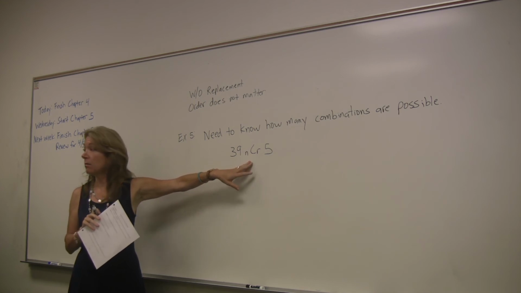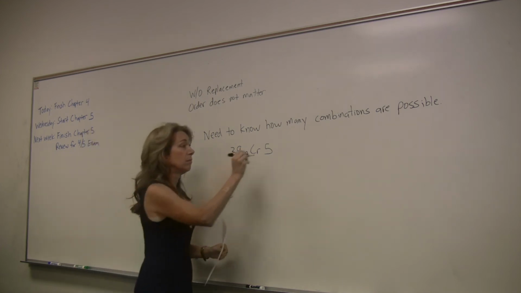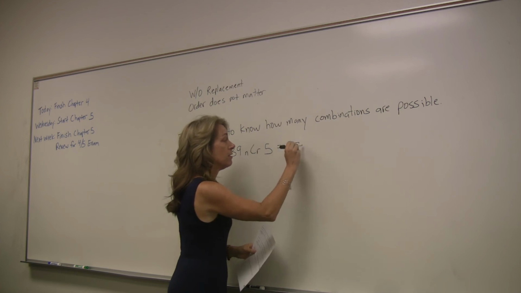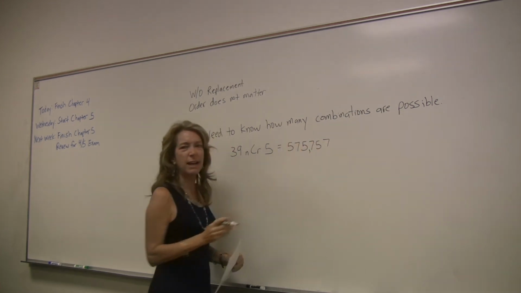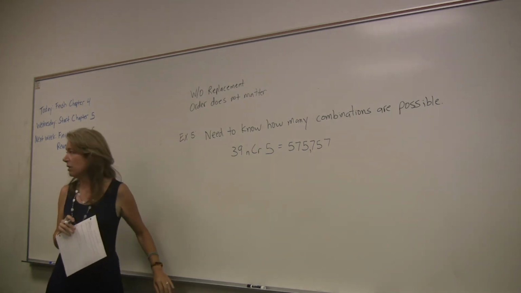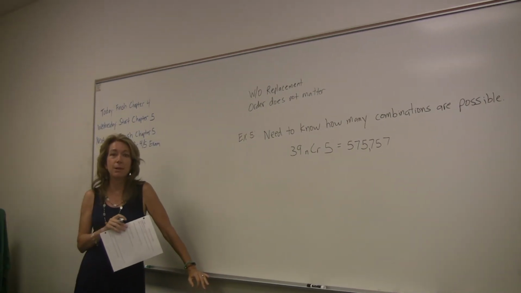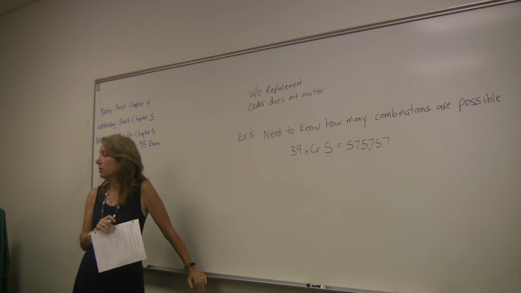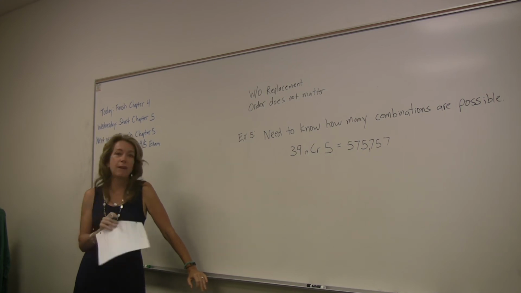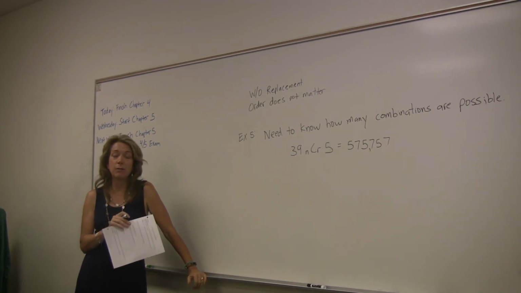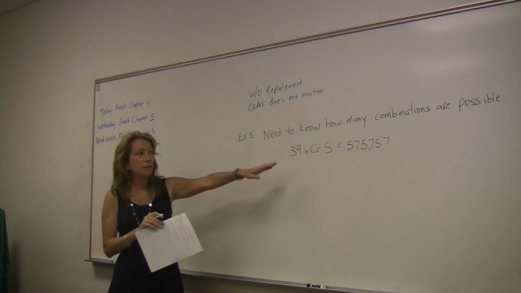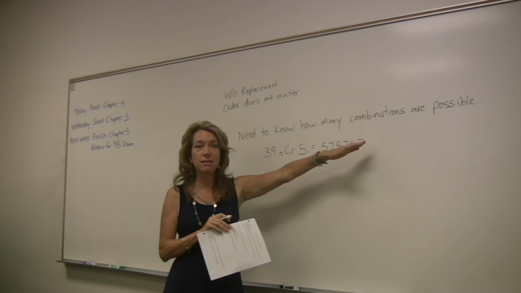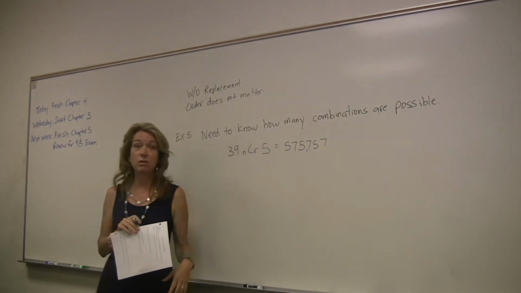And you get 575,757. There's about 575,000 different ways that you could pick these numbers. So you're gonna pick your favorite numbers, 5 numbers between 1 and 39, and I'm gonna pick my favorite numbers. And if we all picked, there's 575,000 plus different ways we could choose our numbers.